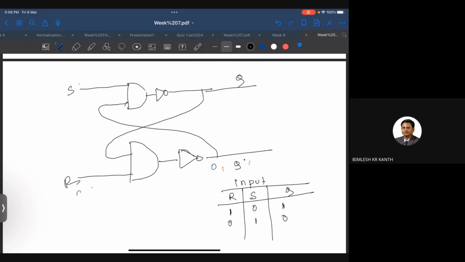So when S equal to 1 and R equal to also 1, what will happen?